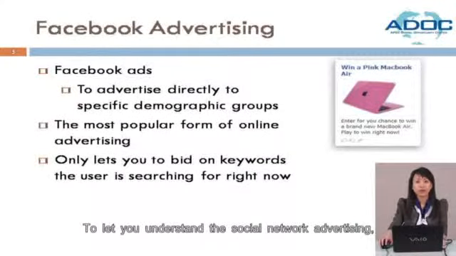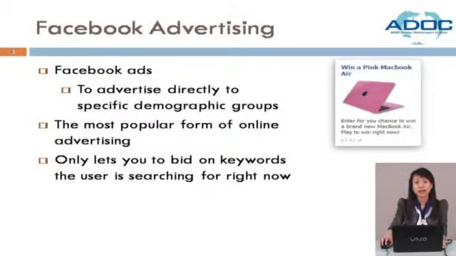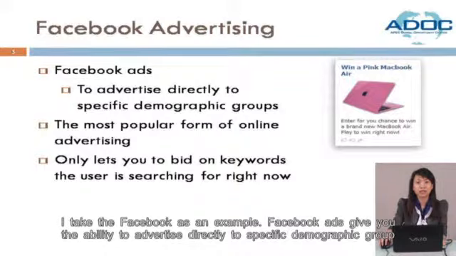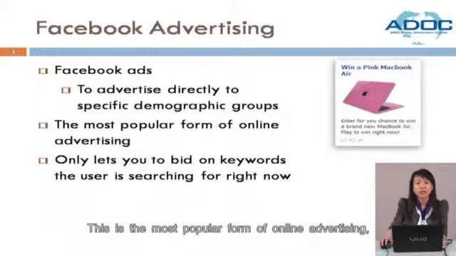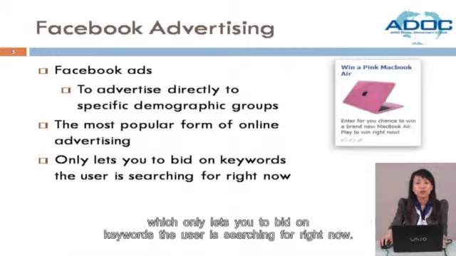To help you understand social network advertising, I take Facebook as an example. Facebook ads give you the ability to advertise directly to specific demographic groups. This is the most popular form of online advertising, which only lets you bid on keywords the user is searching for right now.